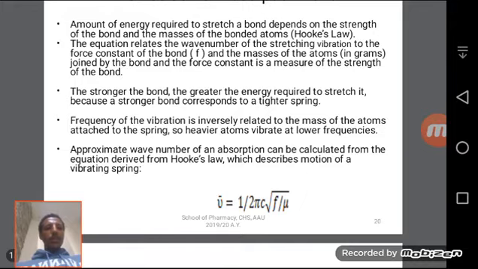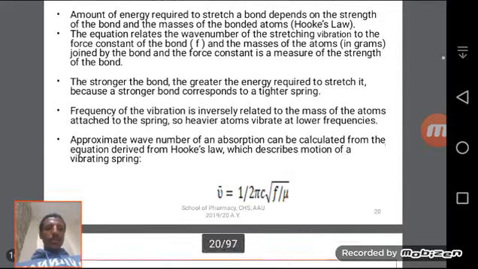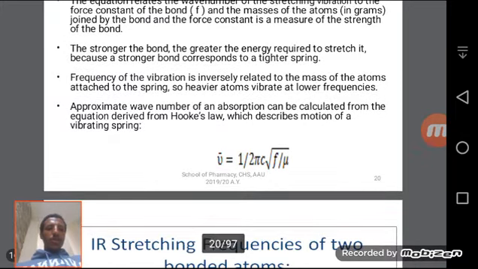That is an inverse relation. As the mass of the bonded atom increases, the frequency of the vibration is lower, and as the bonded atom's mass is lower, the frequency of the vibration increases. Hooke's law states that frequency equals 1 over 2 pi c times the square root of the force constant over the reduced mass.